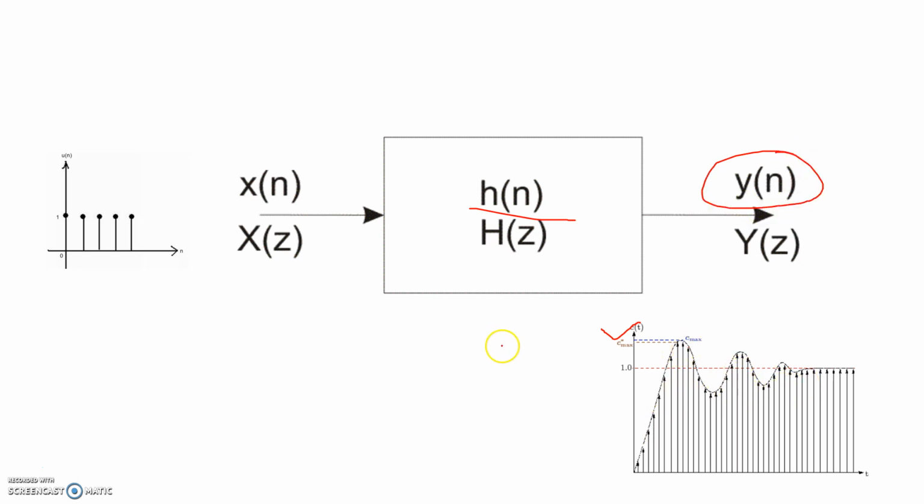Now, one question, try to understand. First, the unit step was 0, so for this we get one system output. Then for n greater than or equal to 0, it is taking one constant value.